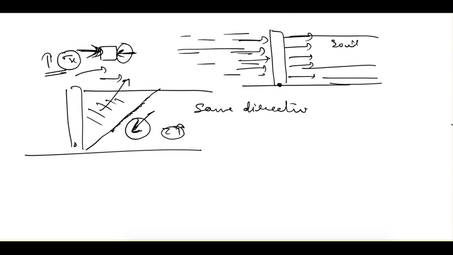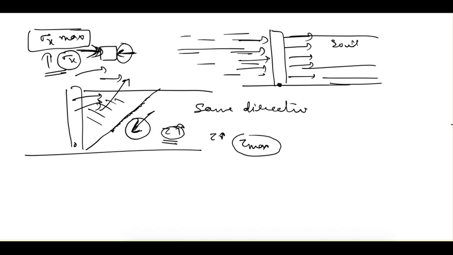Now what will happen? This shear resistance will keep on increasing until it reaches its maximum, the maximum shear resistance the soil can provide, and at that point this horizontal pressure will be maximum. After that, even if the wall moves further, there is no more shear resistance to be provided by the soil.